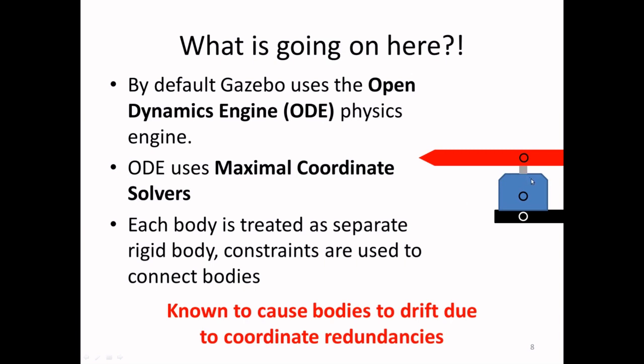So because they're all being modeled separately and then combined together based on what other constraints are defined, if you look at the literature or you've taken any classes or done anything in this space, then it's pretty well known that maximum coordinate solvers cause bodies to drift due to coordinate redundancies.